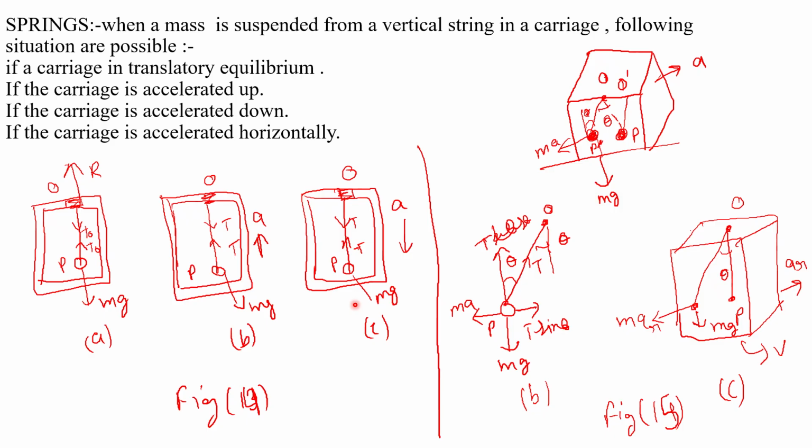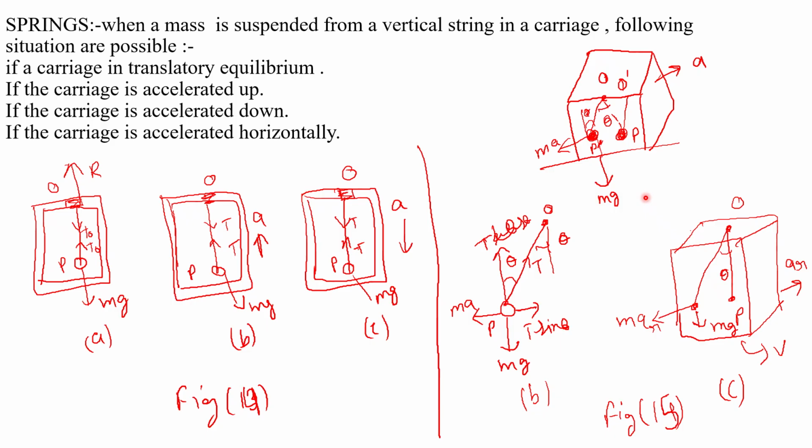Next, we see in this figure, if the carriage is accelerated horizontally, the motion of point O will be accelerated translatory, while due to inertia, mass at P will try to maintain its position.